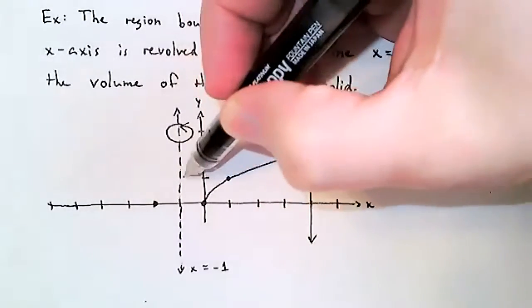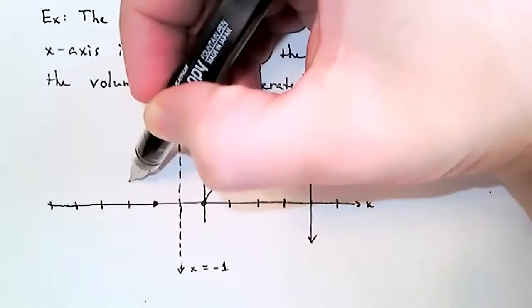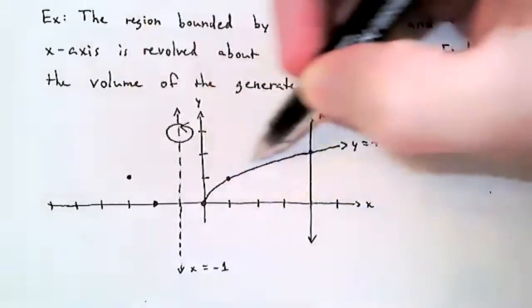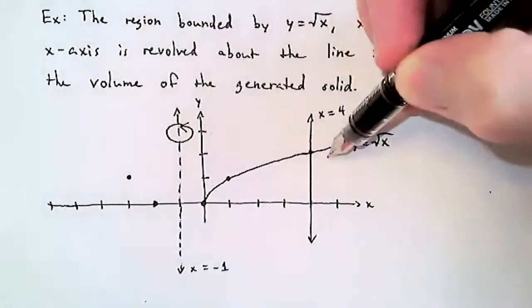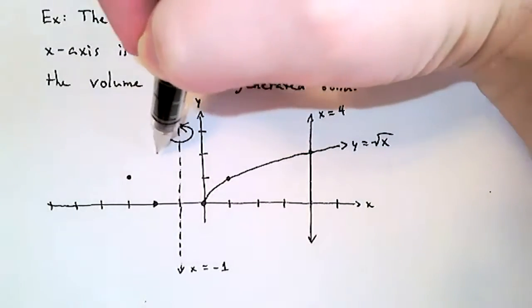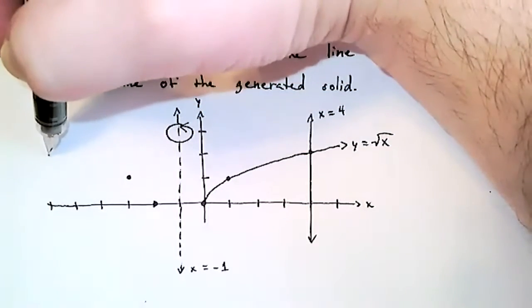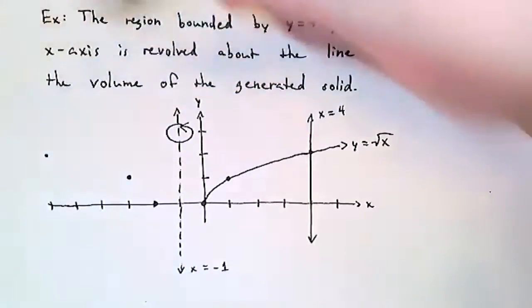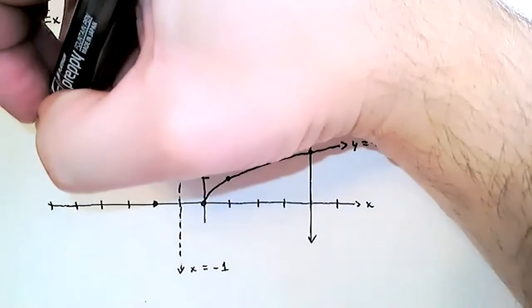This point was 2 away from minus 1. So go 2 the other direction. This point was 5 away from minus 1. So go 5 in the other direction over here. And we can get a rough idea.